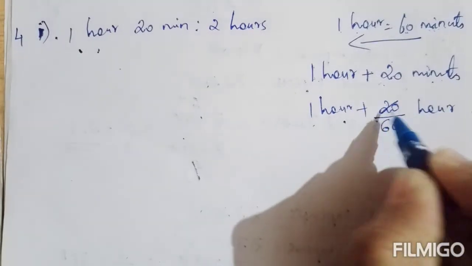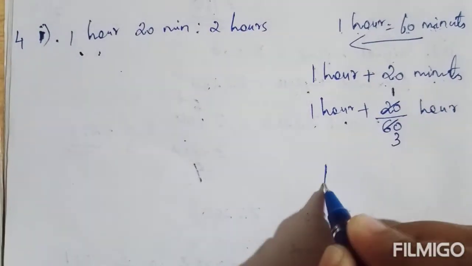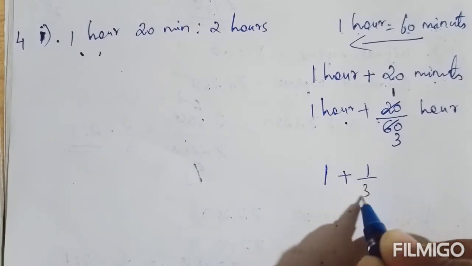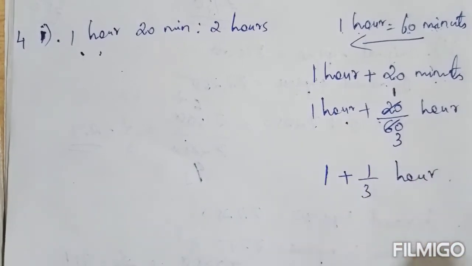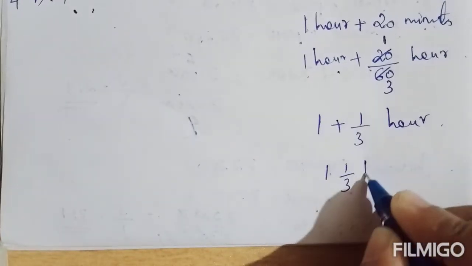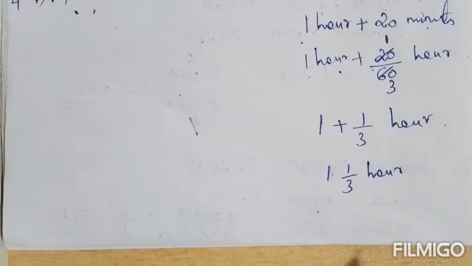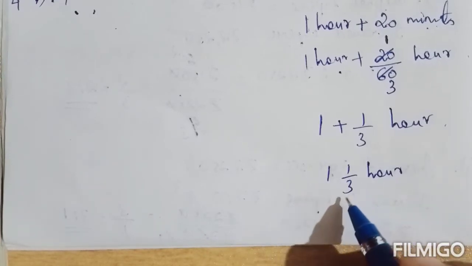Okay, now 20 by 60 you can reduce, it will be 1 by 3. So 1 plus 1 by 3 hour. Or you can write it like this, 1 1 by 3 hour. What is 1 1 by 3? You can write this as an improper fraction. This is a mixed fraction.